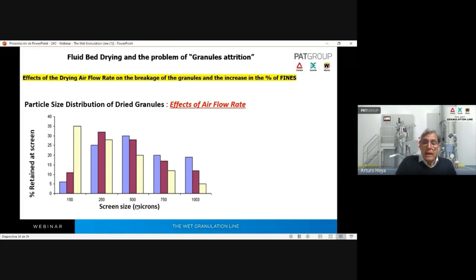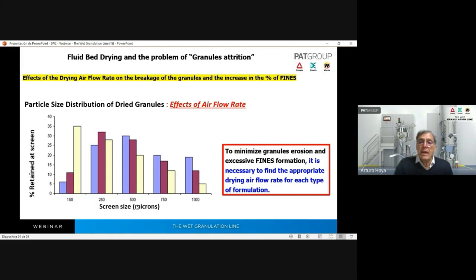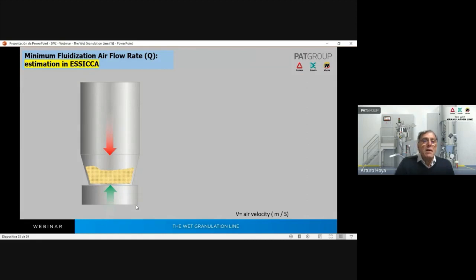So it's necessary to measure this. And here, I will show you a method. ESICA developer and ESICA industrial machine give you the possibility to determine what is called the minimum fluidization airflow rate.